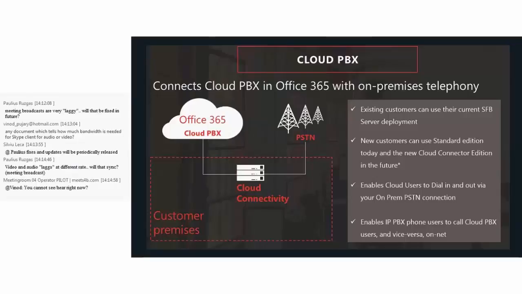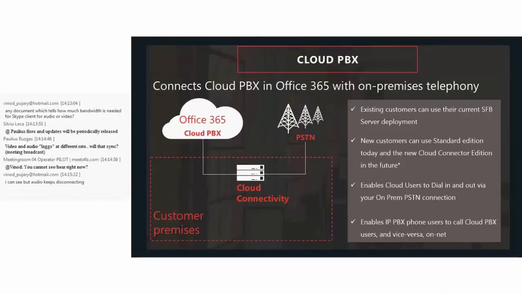Also, as I said, in order to use this type of feature, you need, of course, to acquire a certain Office 365 plan that has this feature in it, or you can have this as an add-on to your current Office 365 license that you are using in the company.